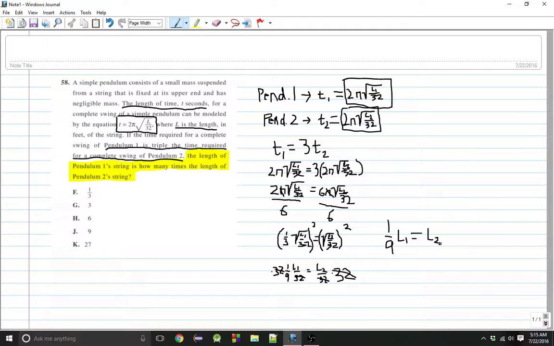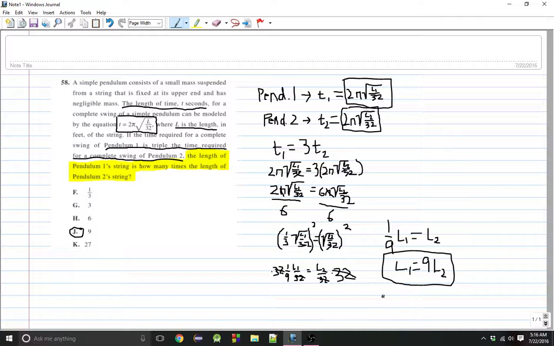And when you simplify that from the standpoint of how many times L1 is L2, all we have to do is divide by 1/9, which is essentially multiplying by 9, and L1 equals 9 times L2. So our question asks us the length of pendulum 1's string is how many times the length of pendulum 2's string? Well, if L1 equals 9 times L2, the length of pendulum 1 equals 9 times the length of pendulum 2, so our answer is J.